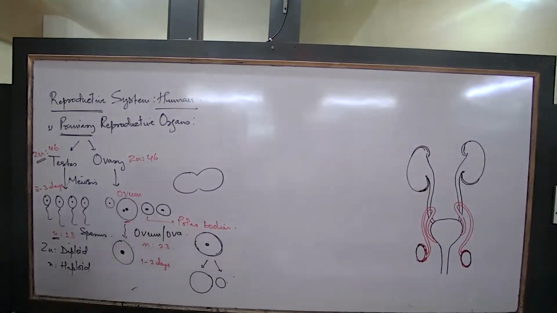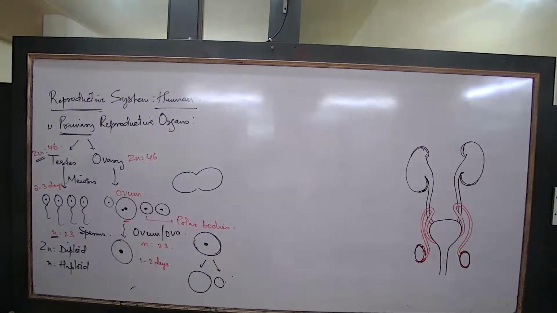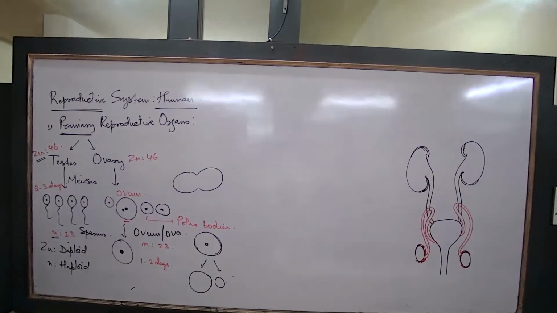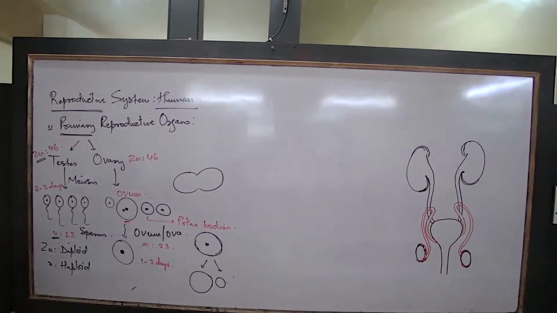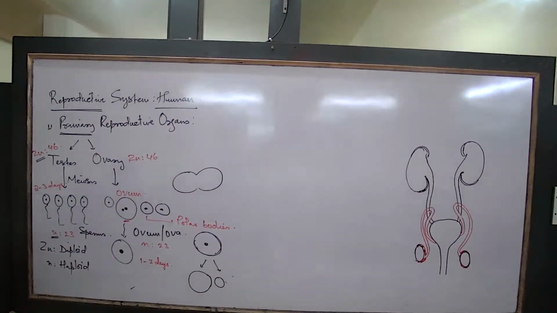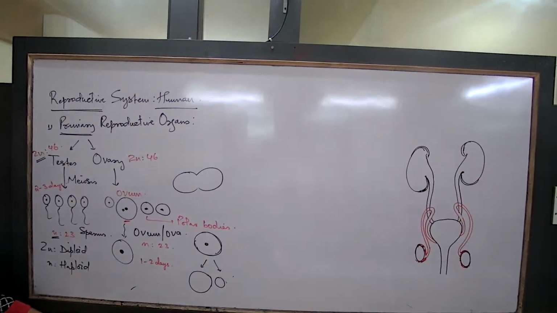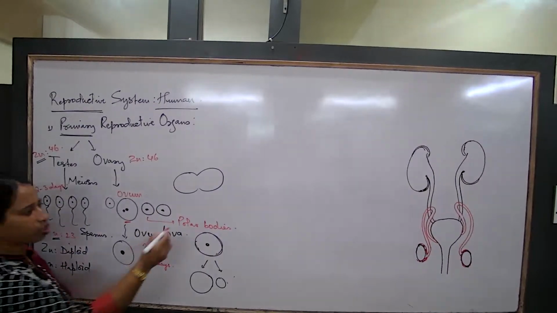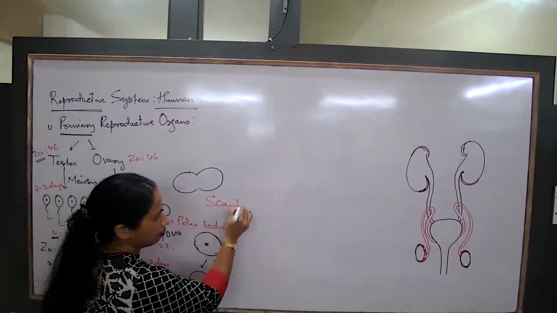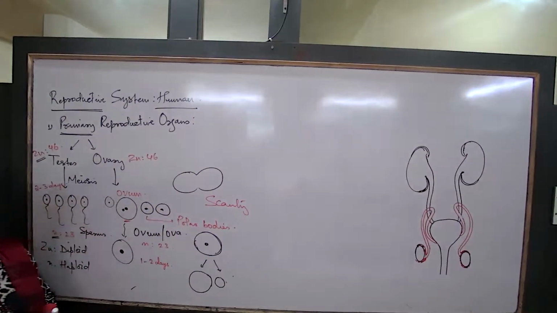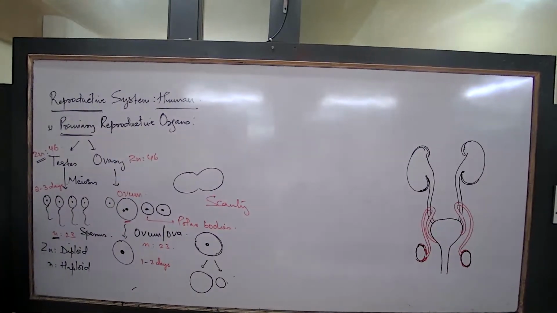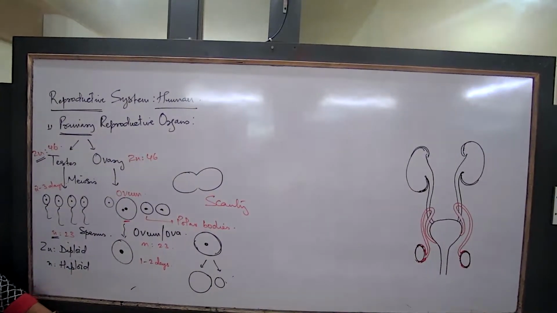The area that you find little bit difficult to solve, ज़्यादा पढ़ो। First point for male gamete you write: smaller in size with scanty cytoplasm. Scanty, negligible amount. Other side, female gamete, comparatively larger.